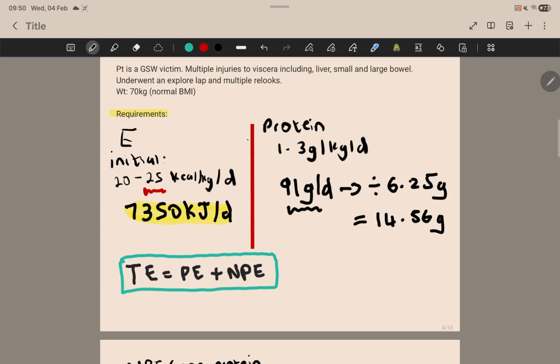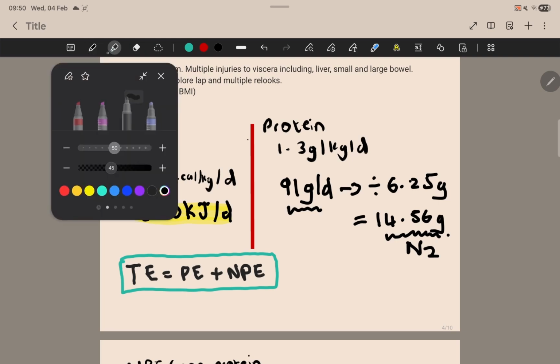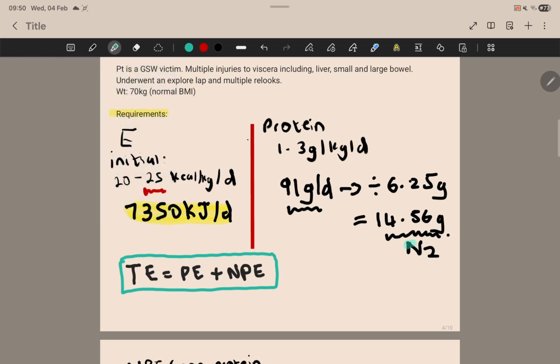With nitrogen, you want to keep the decimal places, so that's why we're keeping both places. So this is your nitrogen.